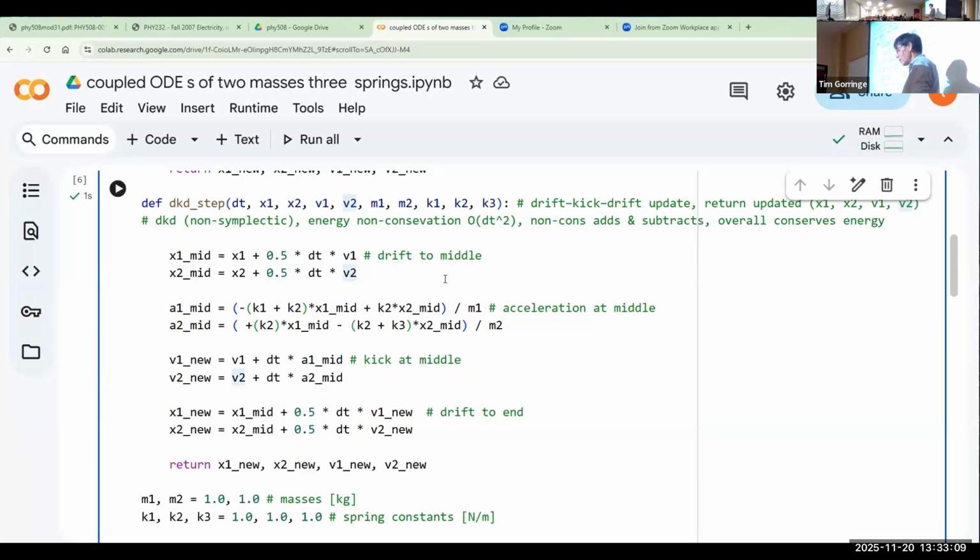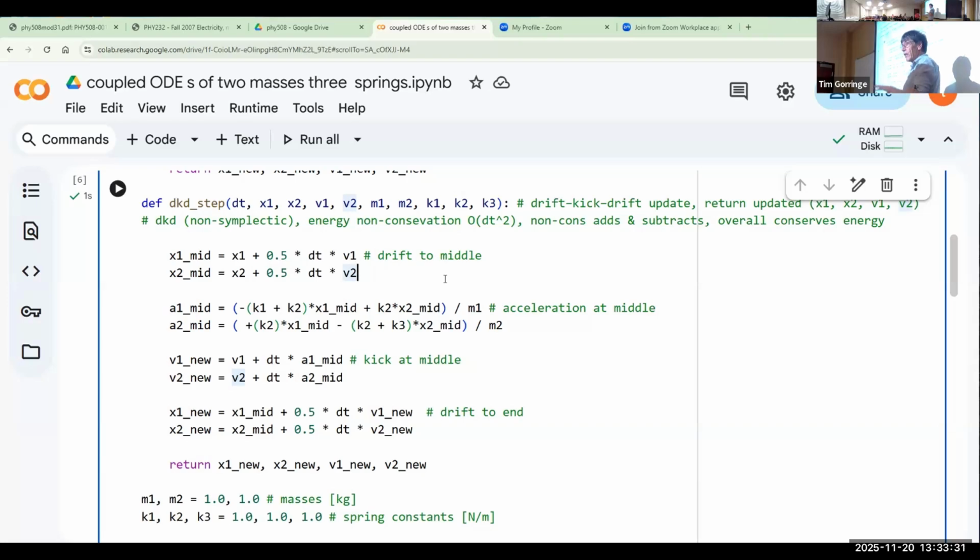If the positions and the accelerations are going to change over that time interval delta t, it's going to make a mistake because it's just taking what they are currently and assuming they're just going to stay the same over this period delta t.